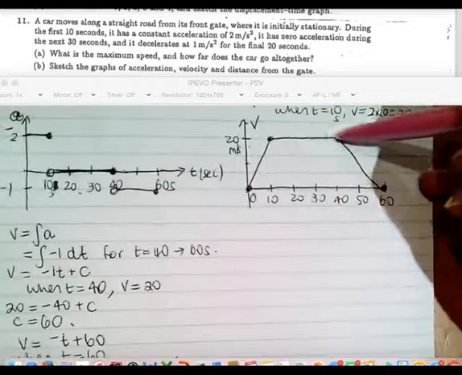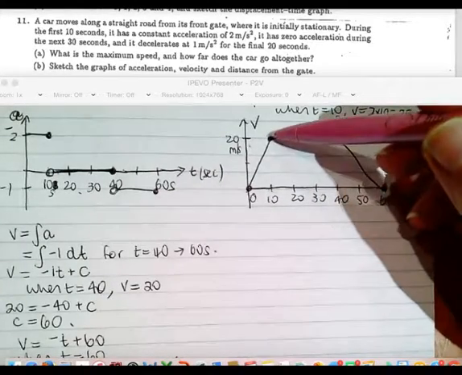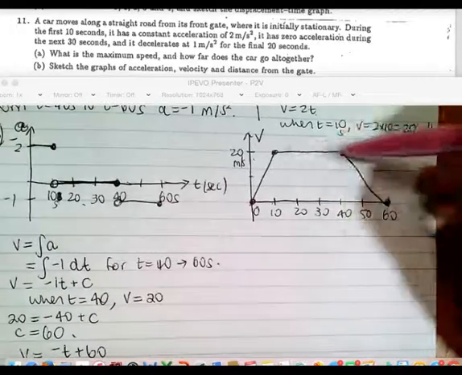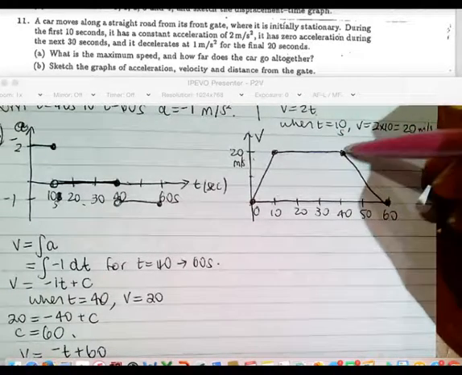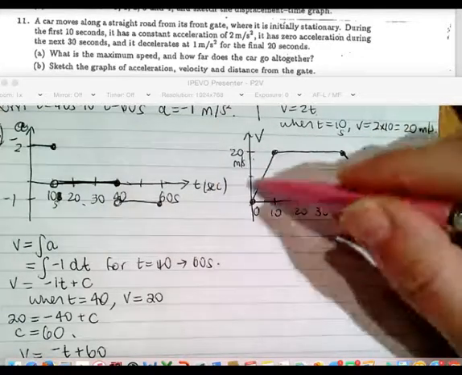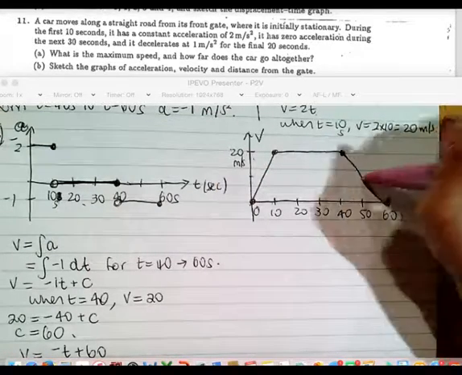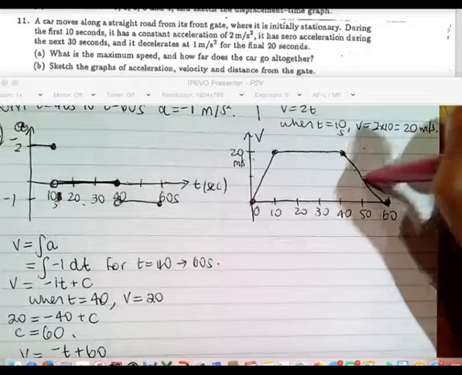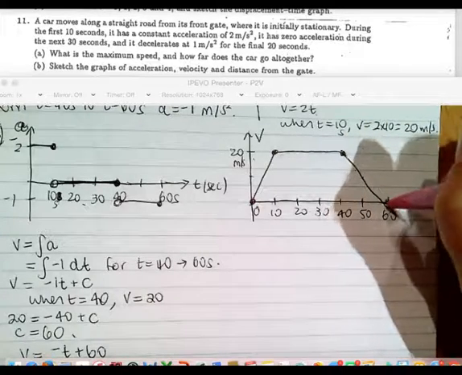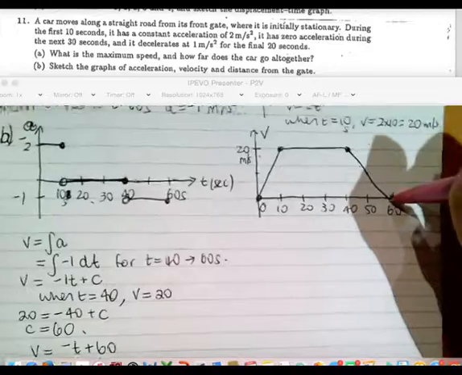Then it traveled with 0 acceleration, in other words, constant speed or velocity for those 30 seconds. And then it decelerated, so it started going slower. Here it's at 20 meters per second, here it's traveling at 10 meters per second, and here it's stopped. Okay, so the particle has stopped there.